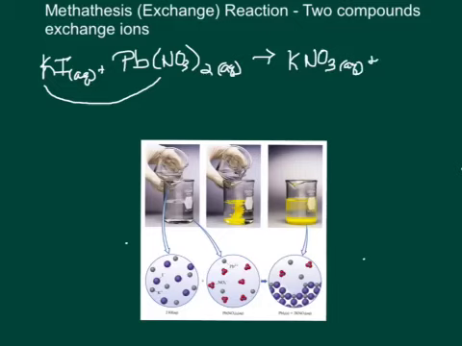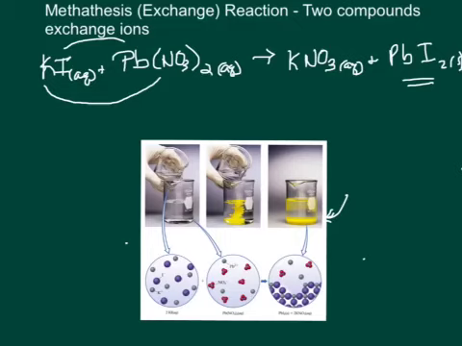And the compound that's formed between the lead and the iodide is going to be lead II iodide. Now, this particular substance is an insoluble compound, and that's what you see right here, that yellow granular looking stuff. So we're going to give that the designation of a solid.